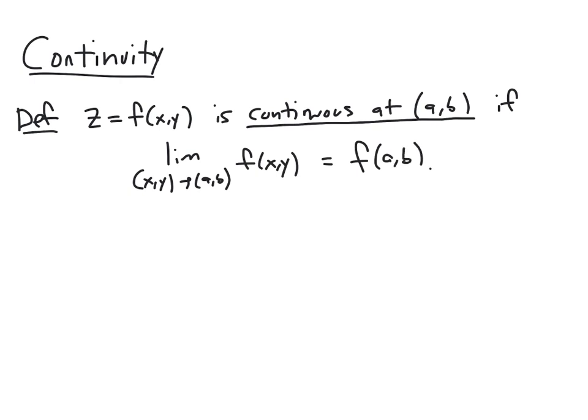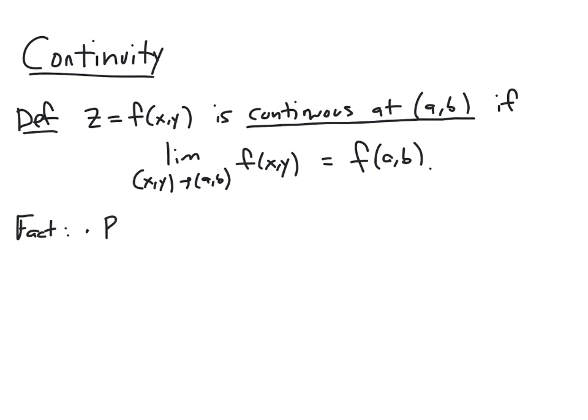This is the same definition as for continuity of one variable functions and of vector functions. We want the limit equaling the function value. So, some basic facts about continuity.